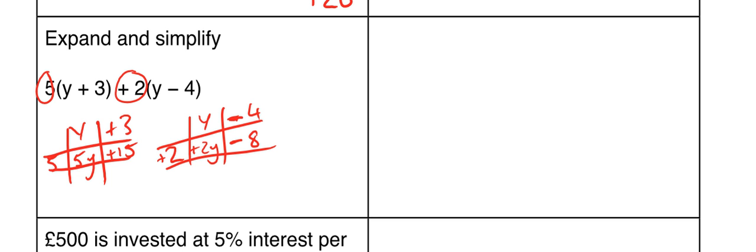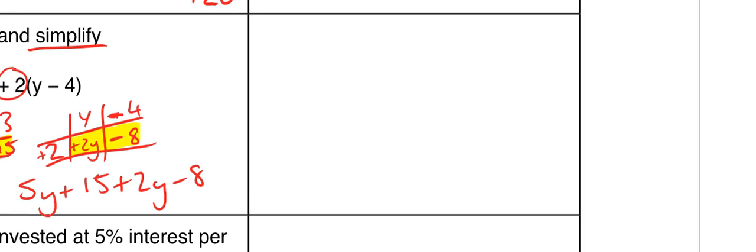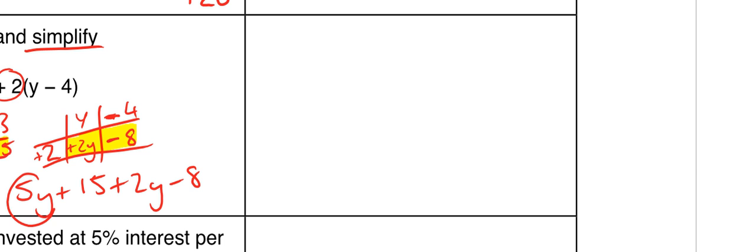So I'm now going to just worry about bits that I've worked out, and I'm going to write those out. So 5y plus 15 plus 2y minus 8, and it does say simplify, so I am going to simplify this. So my y's go together, so 5y plus 2y is 7y.